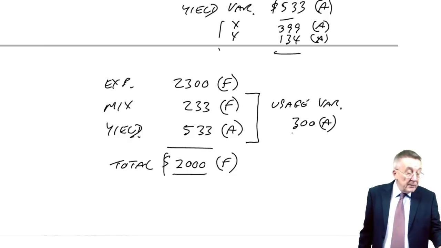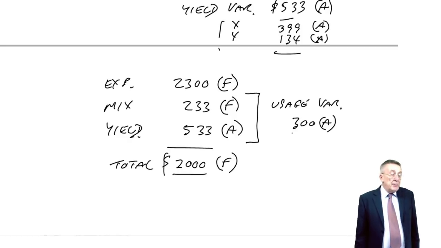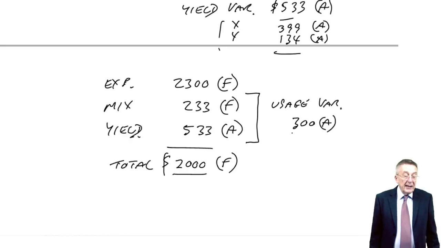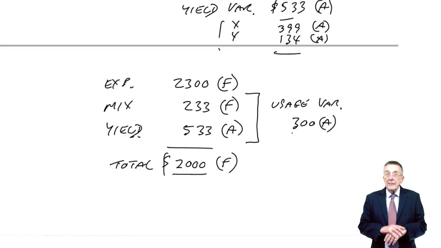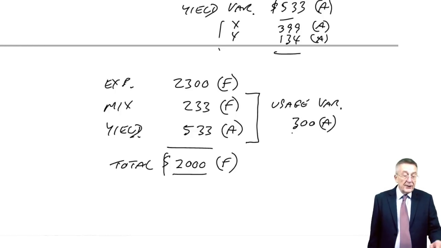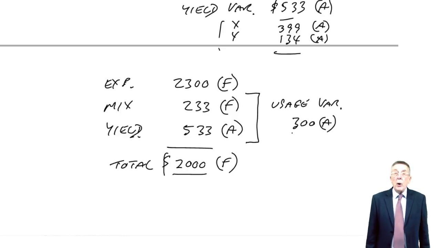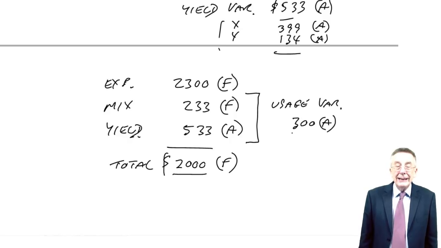Material X here is more expensive, and so you may deliberately decide, let's save a bit of money, use a bit less X, a bit more Y. So there are several reasons why these various variances can have occurred. The yield variance, one way or another, is wasting or losing material.